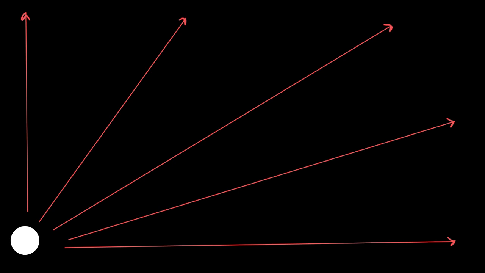And no surprises, the electric field is more concentrated as I get closer. It's harder to move closer the closer you get. That's just because the electric field gets stronger the closer I get.